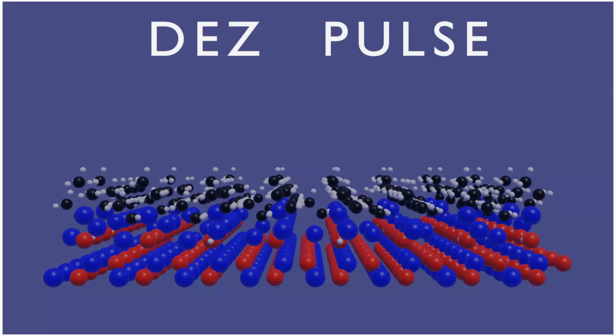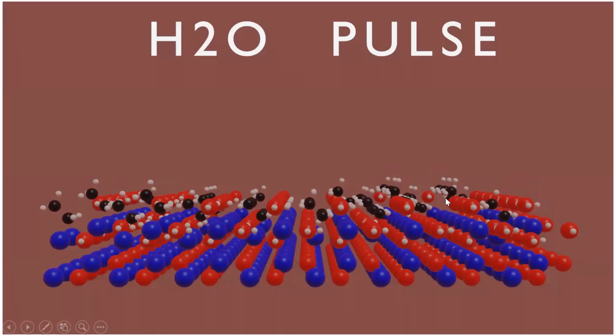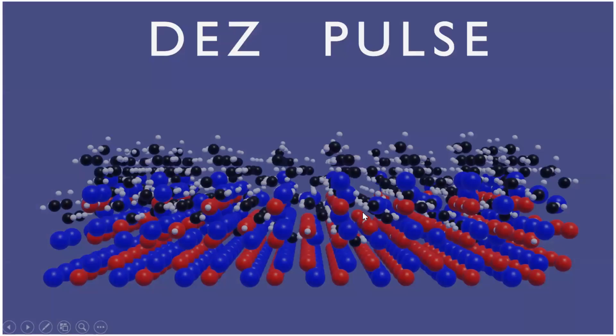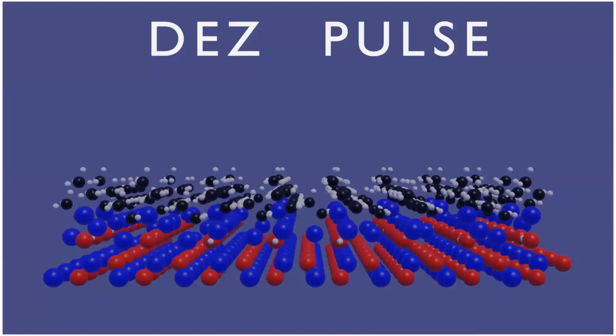So they're just playing that molecular hot potato back and forth. H2O purge cleans most of the ligands. And you'll see it slowly will cleanse some of the ligands. Unlike the DEZ pulse, the H2O pulse takes a longer time in order to do its job.